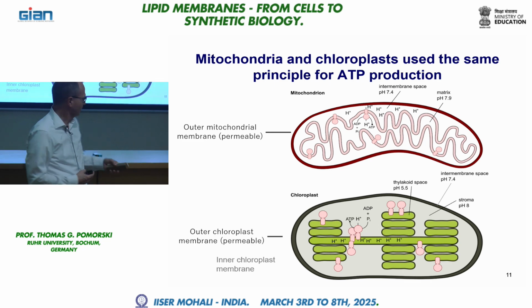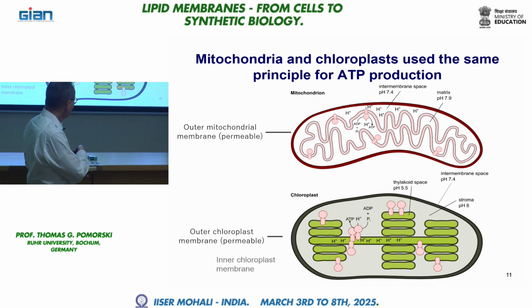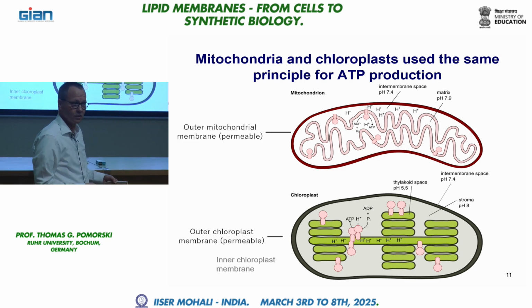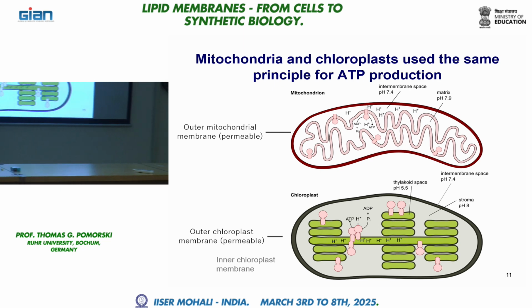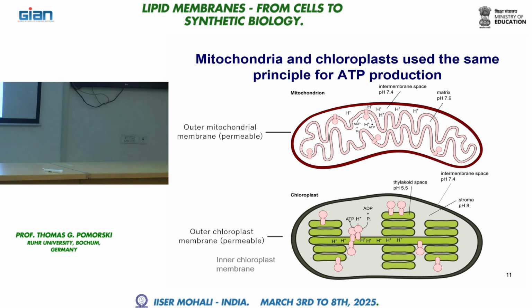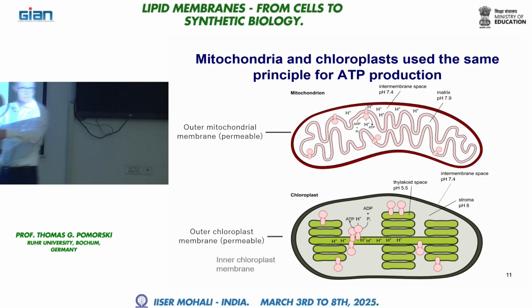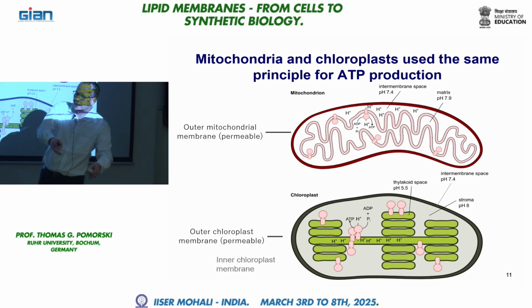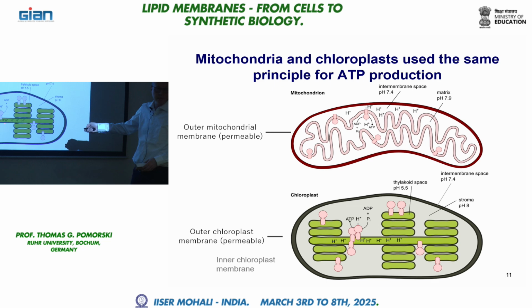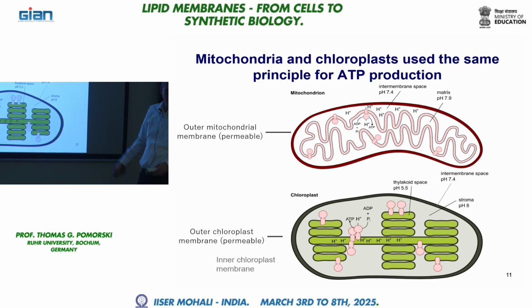In the case of the chloroplast, the situation is different. There you pump the protons into a closed lumen. They're all here, and they cannot escape unless they cross the membrane again via an F-type ATPase to make ATP.